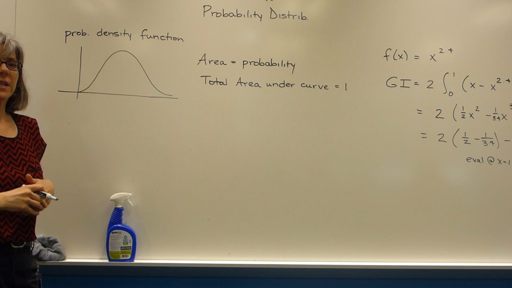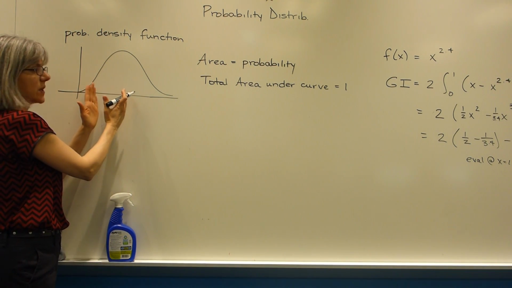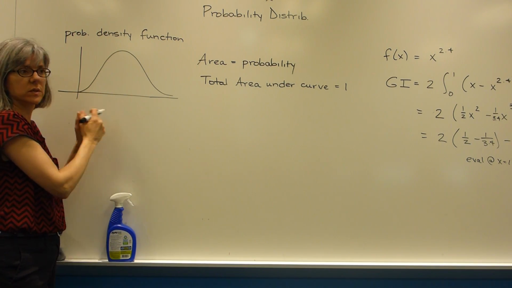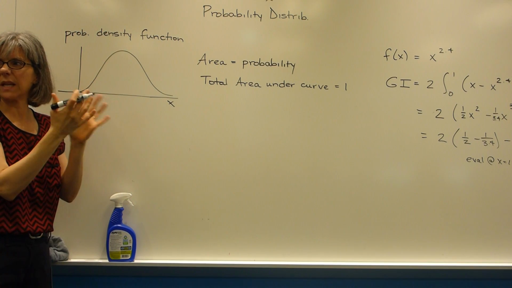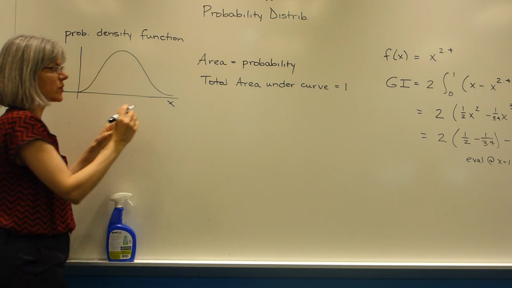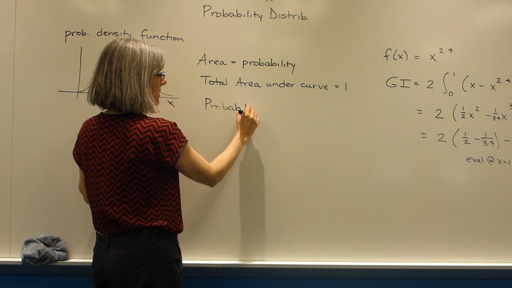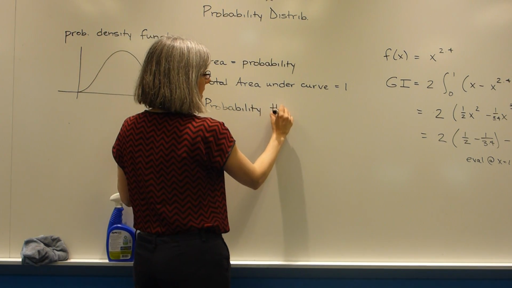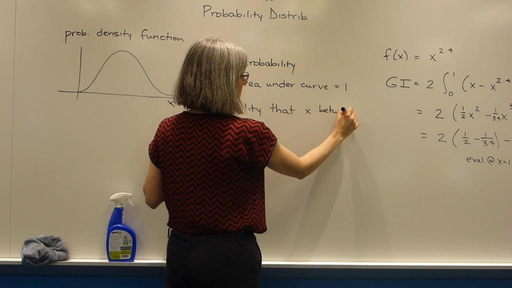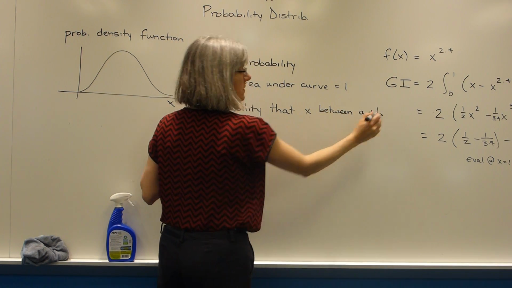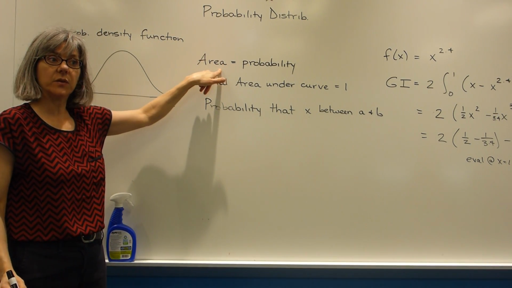What we usually ask is, what is the probability that we get a number between 1 and 2? So down here on this axis, what is the probability that x is between two values? So if I want to know what is the probability that x is between some a and b. So remember, probability is area under the curve.